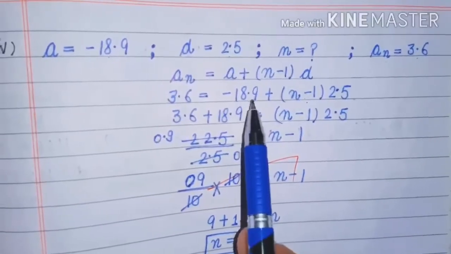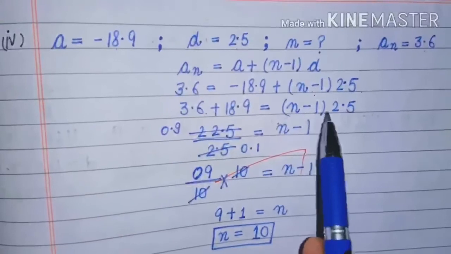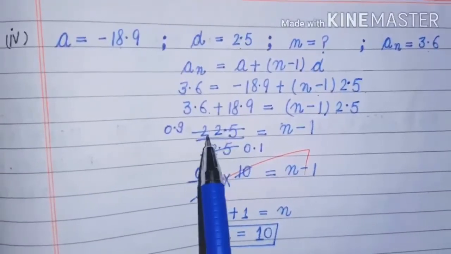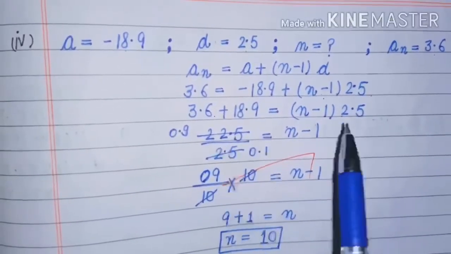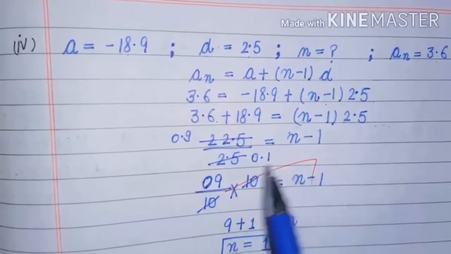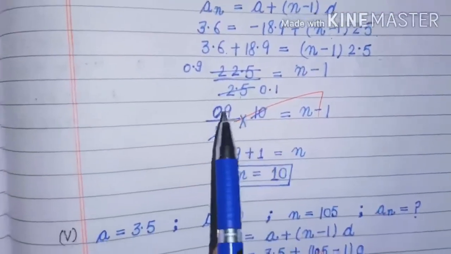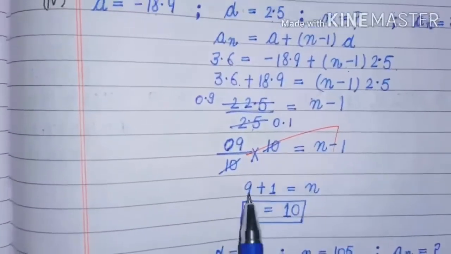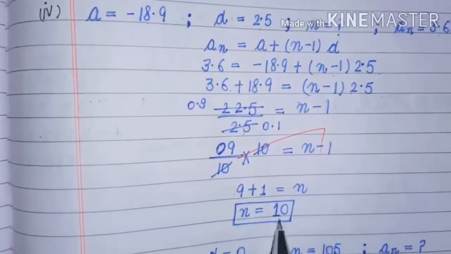Now first we will take minus 18.9 to the left hand side, it becomes plus, and n minus 1 into 2.5. After solving them, we will get 22.5, and we will take 2.5 also to the left hand side. It is in multiplication, then it goes in divide beta, and after solving you will get 9 here. So n minus 1 is 9, then n is 9 plus 1, because we will take minus 1 to the left hand side and it becomes 10.